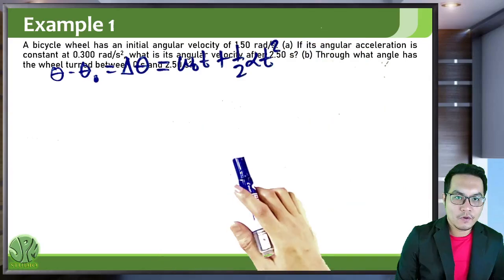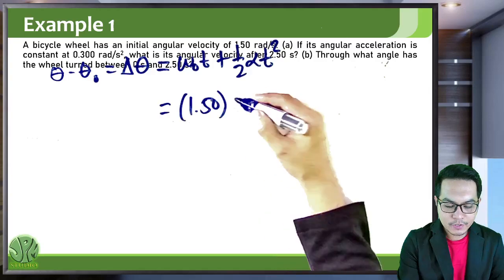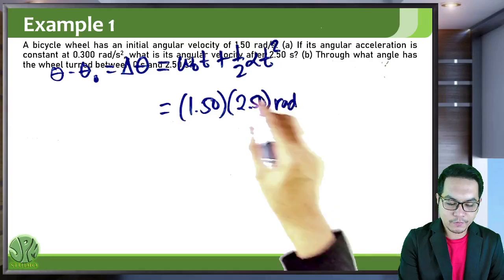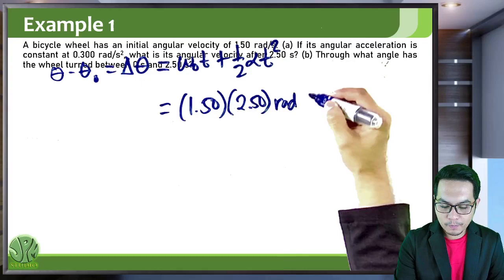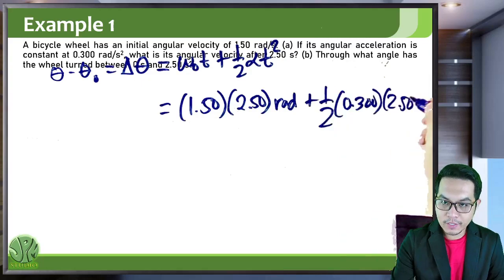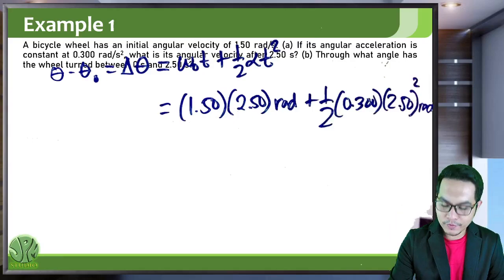Omega naught is 1.5 radians per second. The time is 2.50 seconds. So you will get a final unit of radians for this product. Plus 1/2 alpha is 0.300, time is 2.50 seconds squared. The final unit here is also radians.